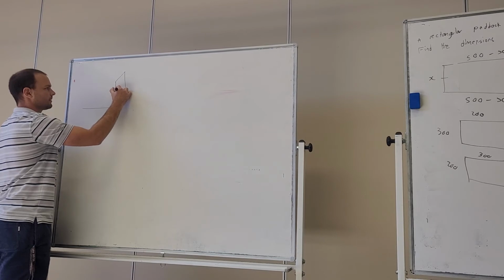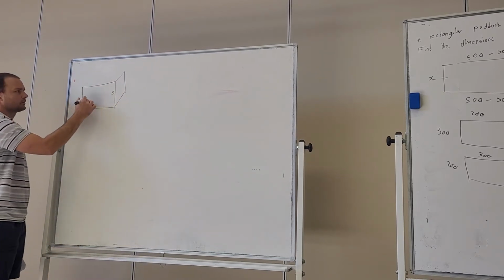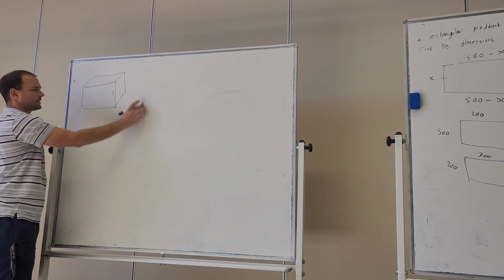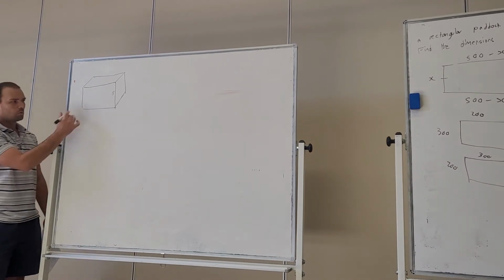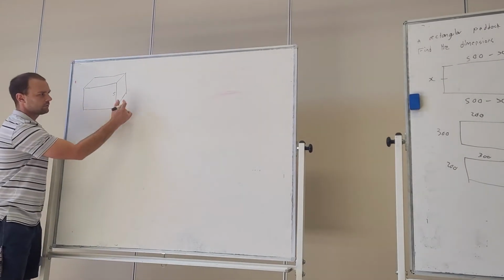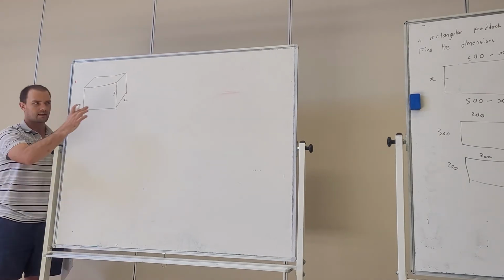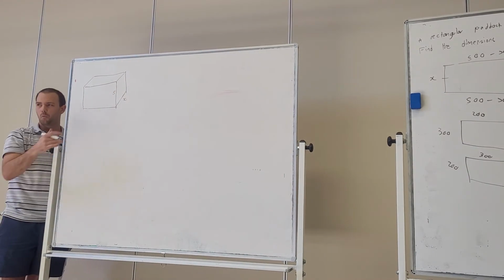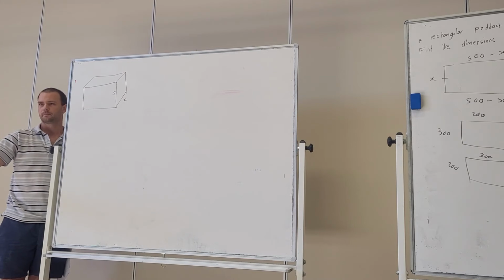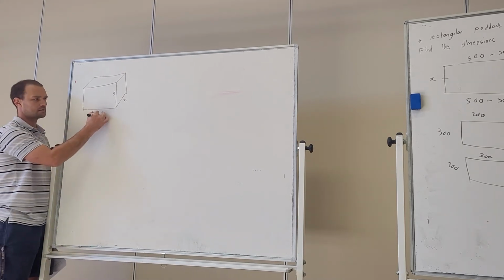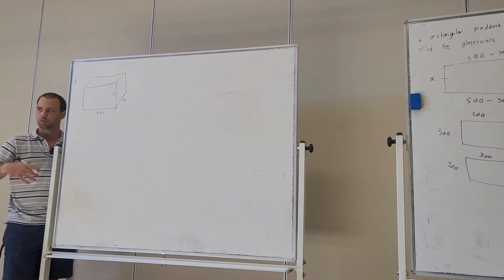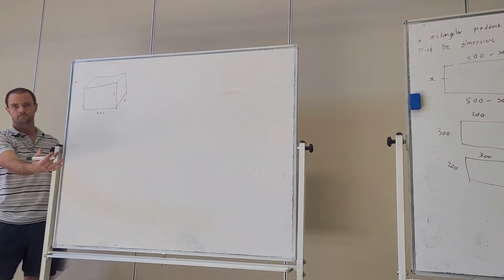So this is 5. Let's draw it. It's 5 centimetres high. And one side, let's call this side X, okay? So if this side is X, then this side is 1 centimetre longer. So this is going to be X plus 1, all right? It's X plus another centimetre.